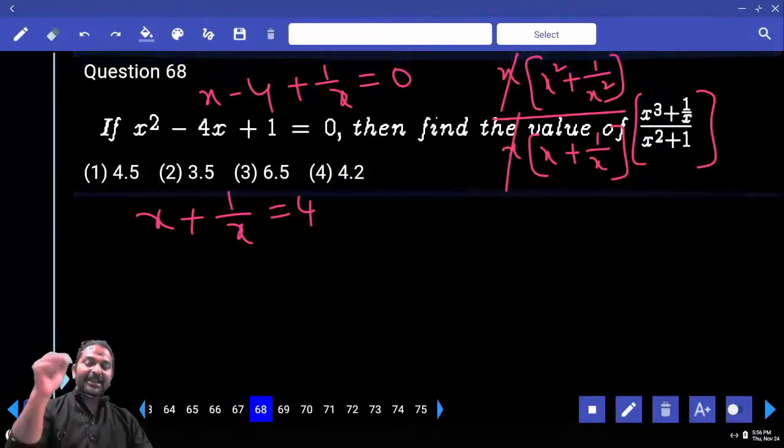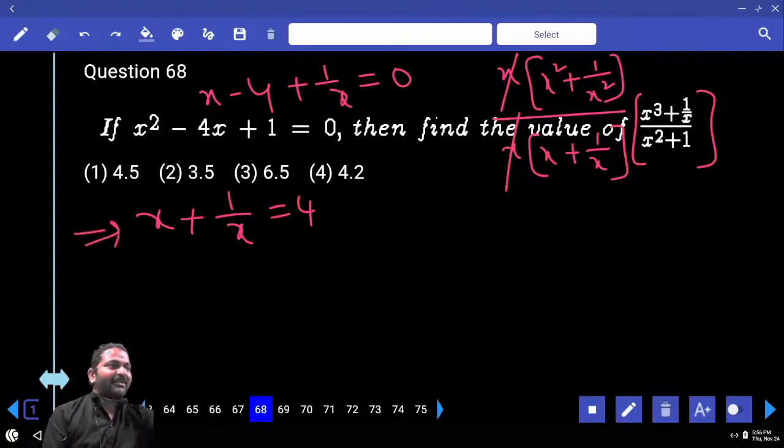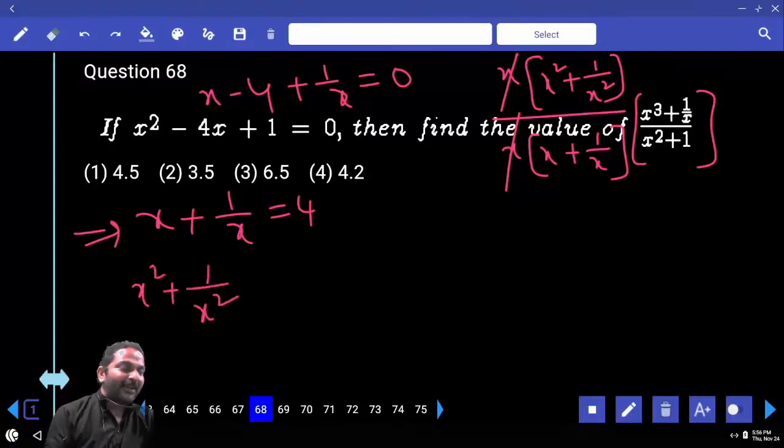Now you can cancel x in the numerator and the denominator, correct? So finally we need to calculate x square plus 1 by x square divided by x plus 1 by x. Denominator value you already know, which is equal to 4. And now we need to calculate x square plus 1 by x square. Just squaring on it, x square plus 1 by x square plus 2 into x into 1 by x, that is 2 only.